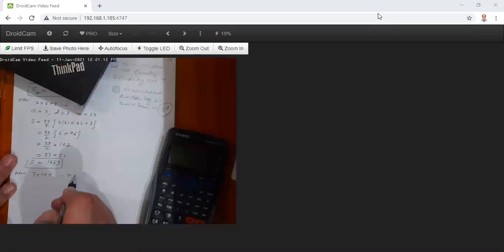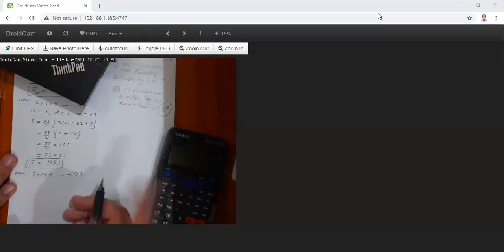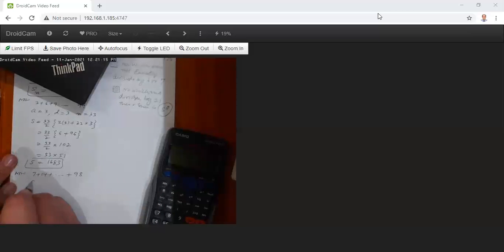So A is 7, d is 7, and the last term is 98. So n is 14. ठीक है, तो इसको भी हम निकाल लेंगे.